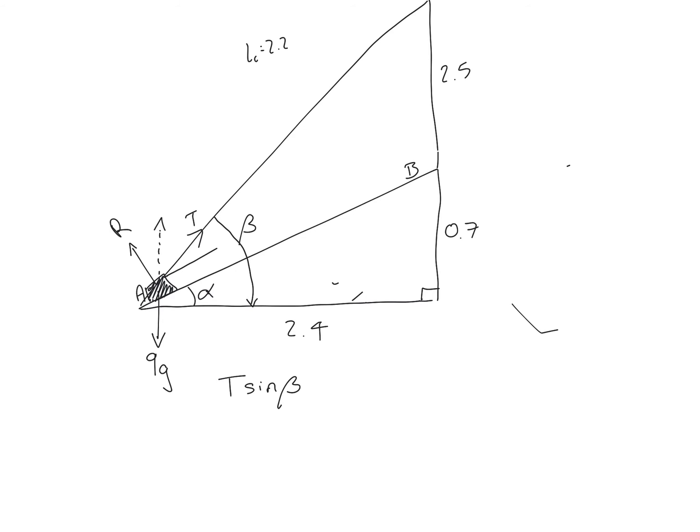That is your alpha, so T sine beta plus R cos alpha minus 9g equals 0. And then horizontally we've got T cos beta has got to equal R sine alpha.